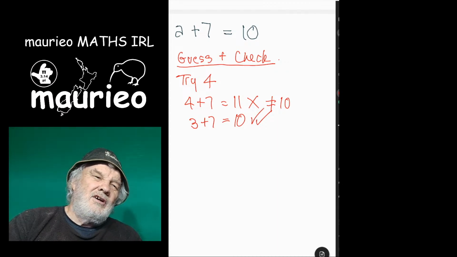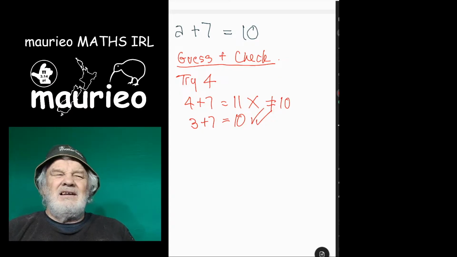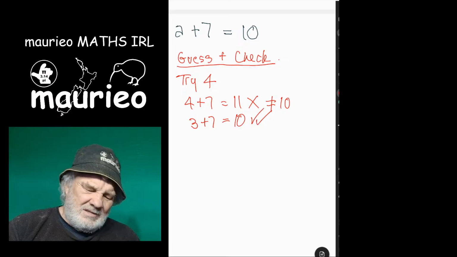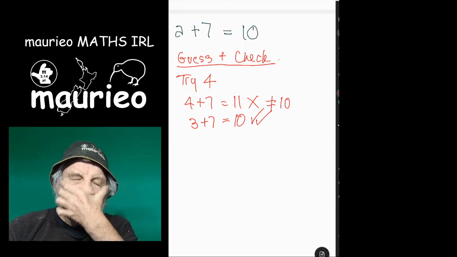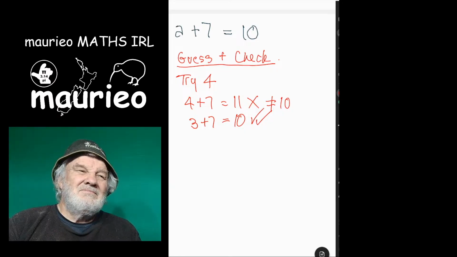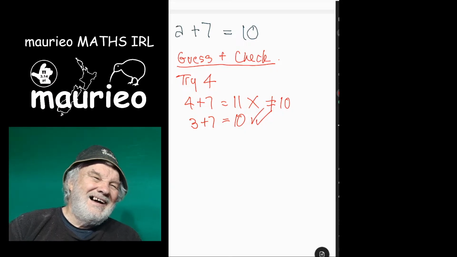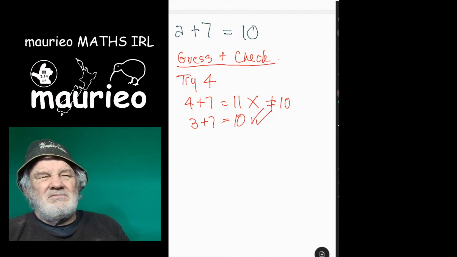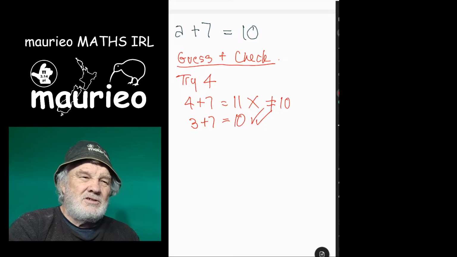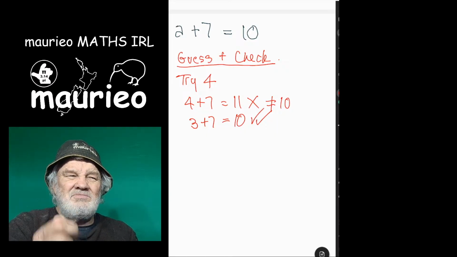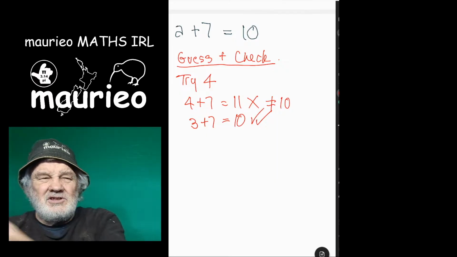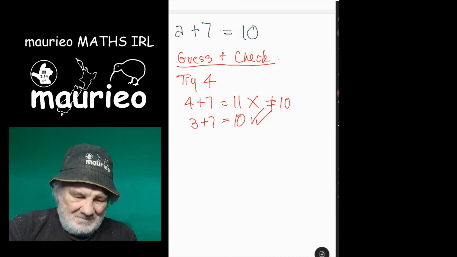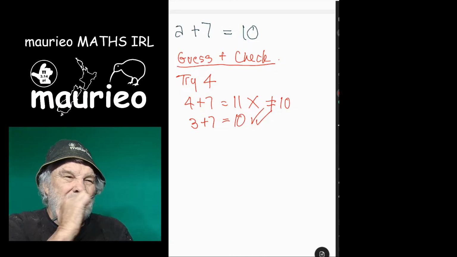Imagine that you've got a little sparrow, and then you've got 7 starlings, 7 blackbirds, and a little sparrow sitting on one end of the seesaw, and that's equal to 10 starlings or something.